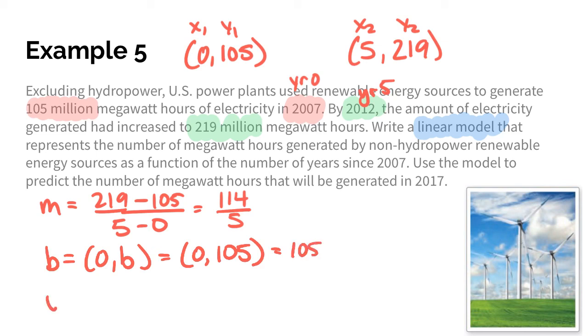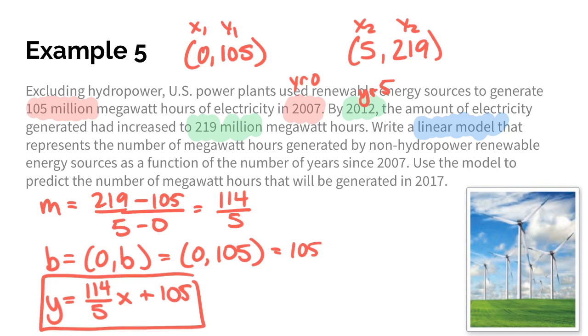So my function here I can write as 114 over 5 x plus 105. The slope explains the rate of change, how many megawatt hours of electricity I gained in 5 years. And the intercept represents the number of megawatt hours we started with when we were collecting this data. So this would be my function, or the model that we're writing.